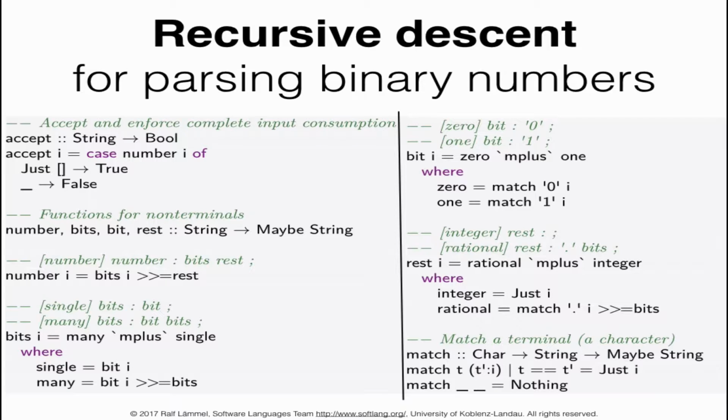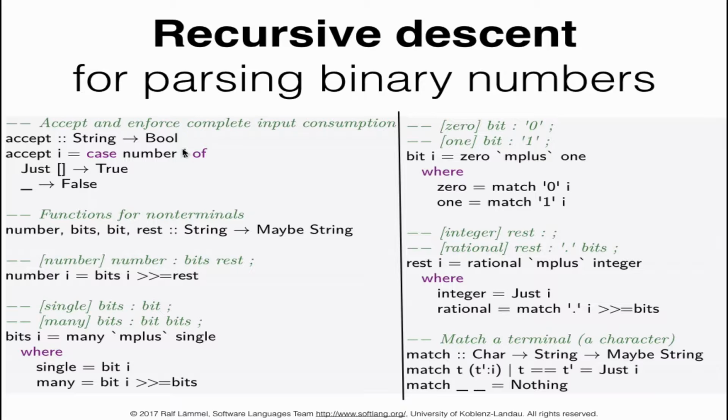All right, so this is how we could implement a parser by recursive descent. In the comments here, I show the grammar rules. This is basically a language of binary numbers. And so we implement the grammar rules just directly by functions that take a string and maybe return a remaining string.